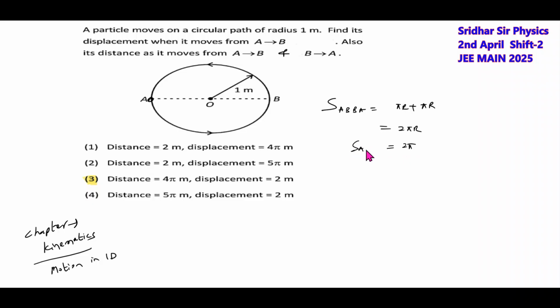Then what about the displacement? Displacement from A to B will be 2 meters. Total distance is going to be 2 pi and the displacement will be 2 meters.